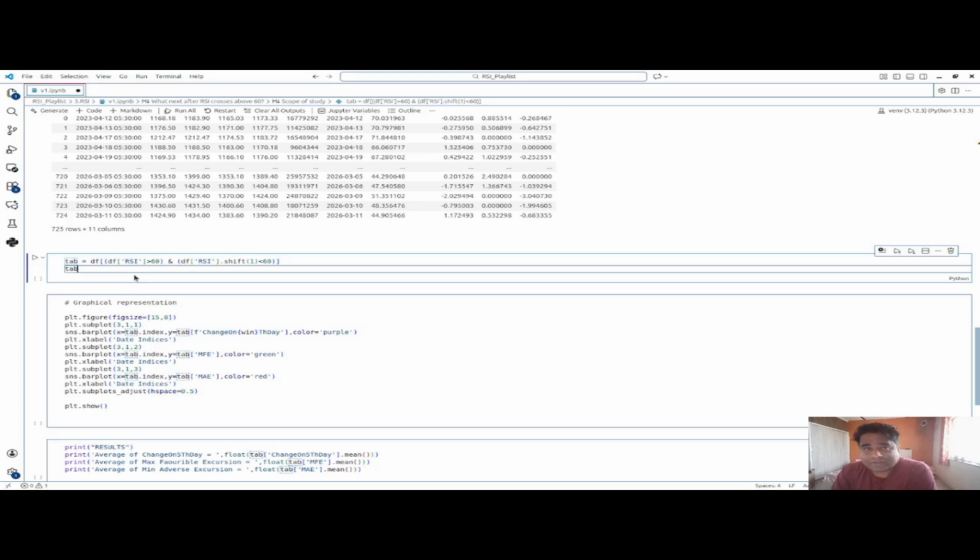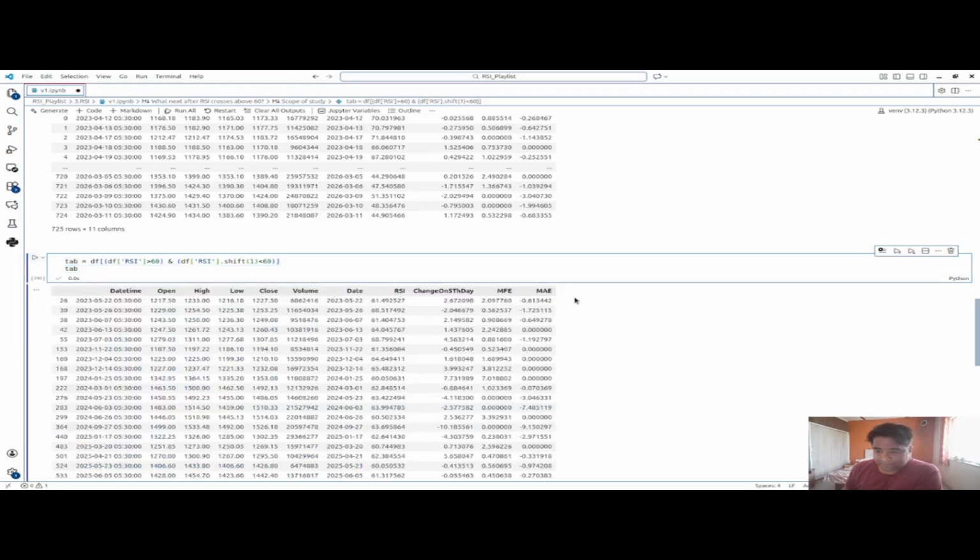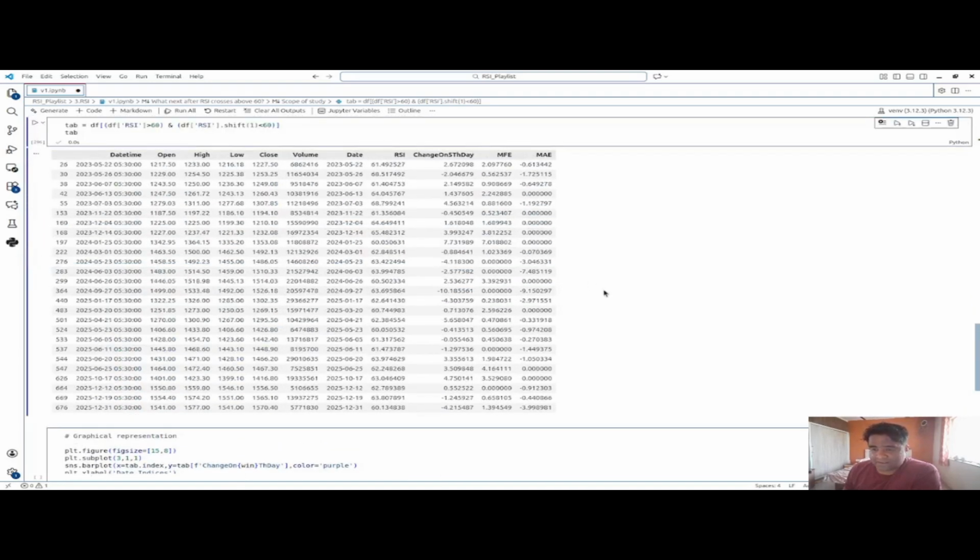First one will be change at the end of the 5th day, second one will be MFE, and third will be MAE. So let's calculate. So these are the results.